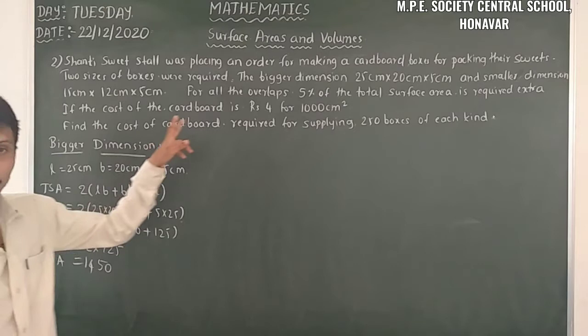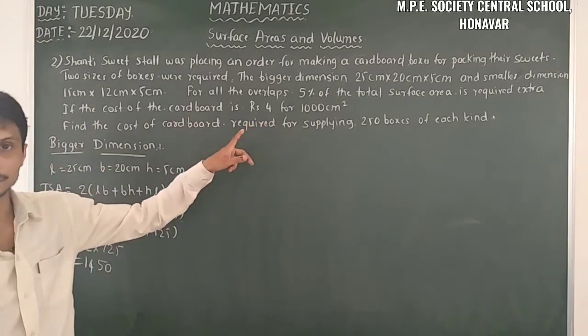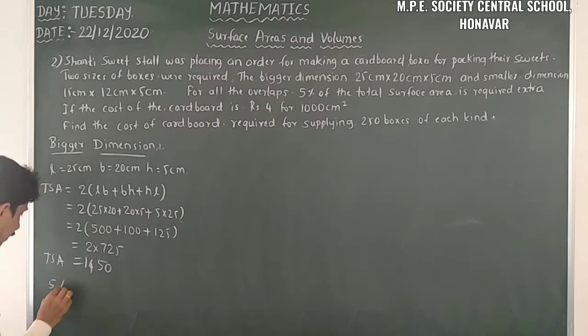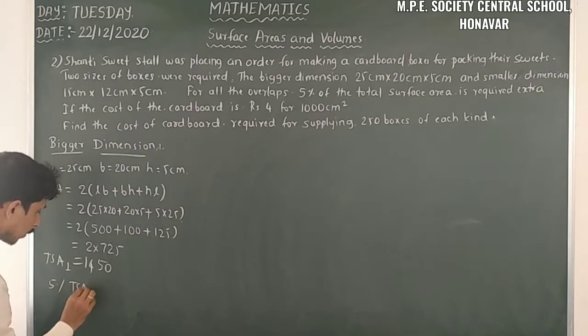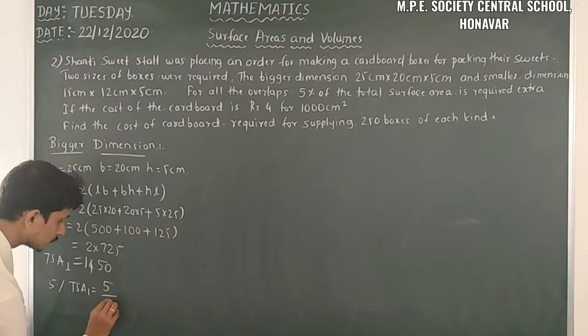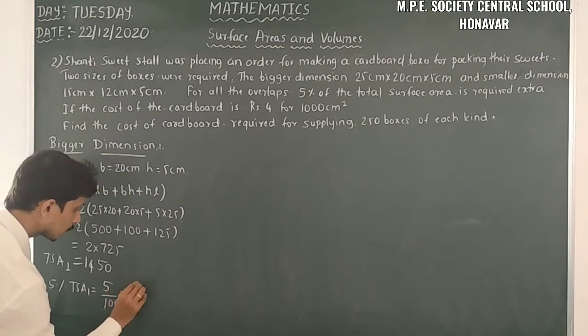Then we have to find the 5% of it. I will take it as TSA 1. So 5% of TSA 1 is equal to 5 by 100 into 1450.